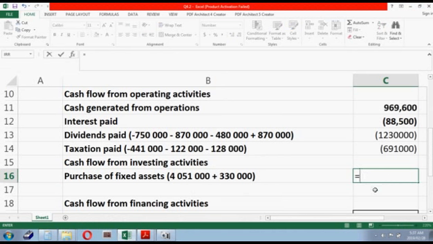So that gives us an outflow of 4,051,000 plus 330,000.